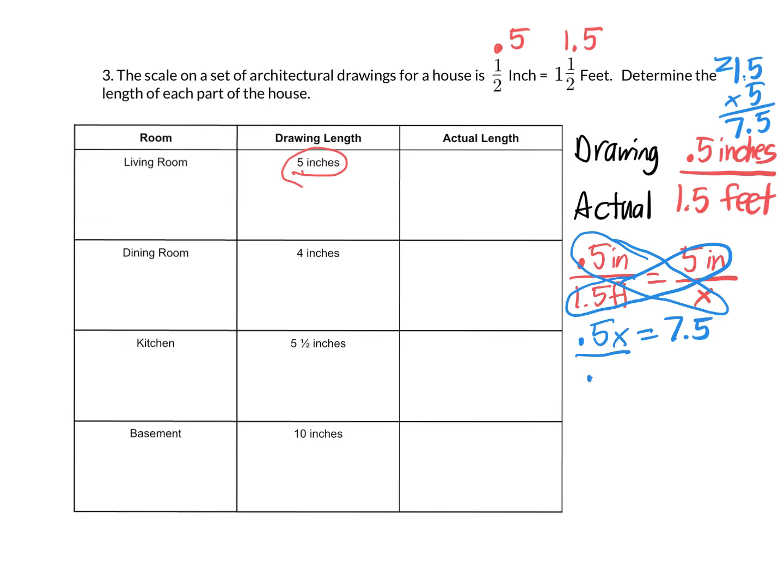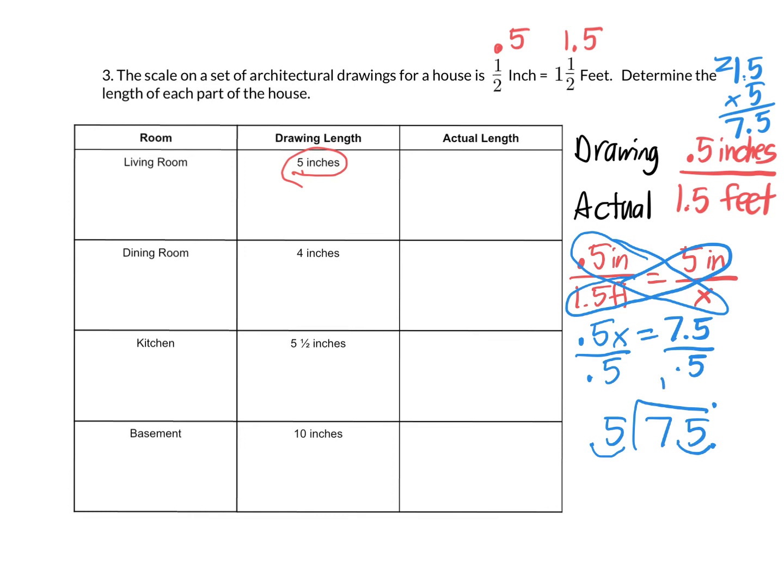So I want to divide by my number that is next to X, which is 0.5. Remember, the division rule says that I cannot divide by a decimal, so we're going to move this decimal 1 place over to make it the whole number 5, but that means that this one also needs to get moved over, so my decimal point is right there.